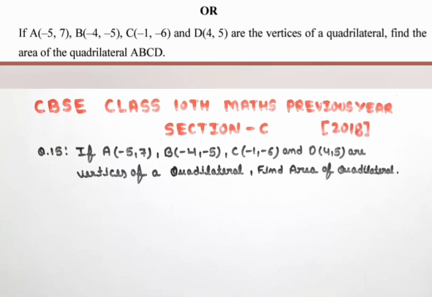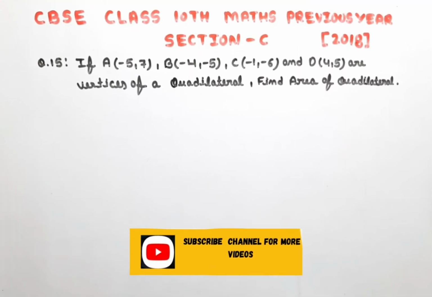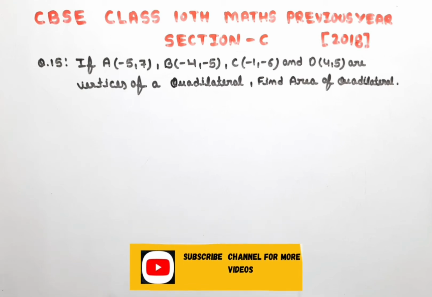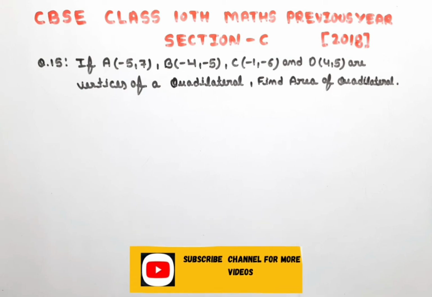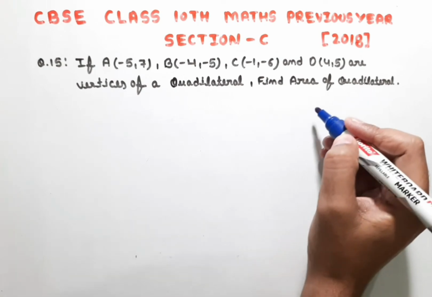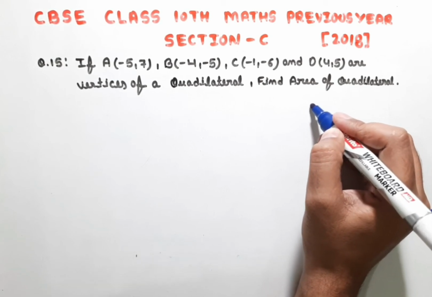Question number 15. If A (-5, 7), B (-4, -5), C (-1, -6) and D (4, 5) are vertices of a quadrilateral, find the area of the quadrilateral. In this problem, we are given 4 vertices of a quadrilateral.